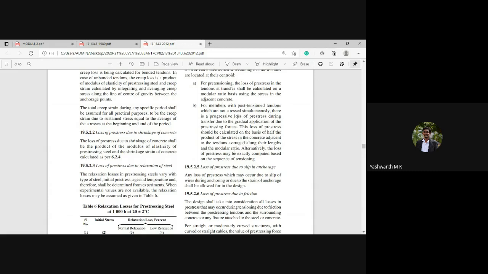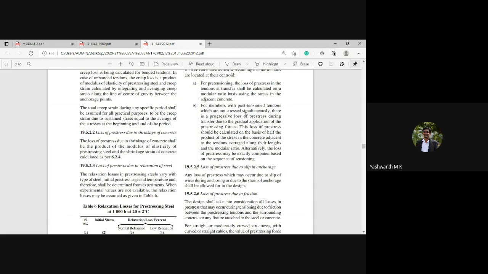That means we use the same formula. If the cables are not stressed simultaneously, that is, if the cables are tensioned one by one, then we need to use the formula: modular ratio multiplied by the fc value.